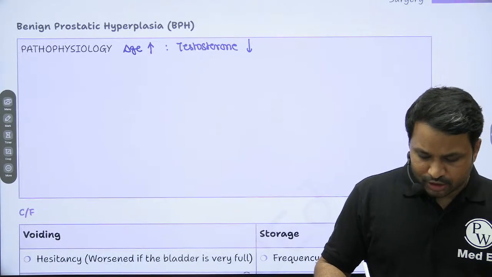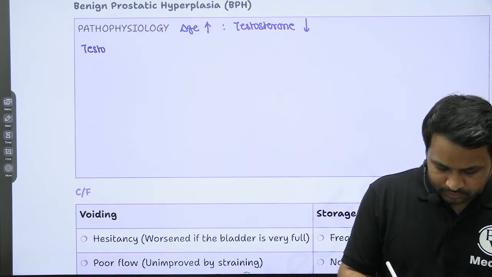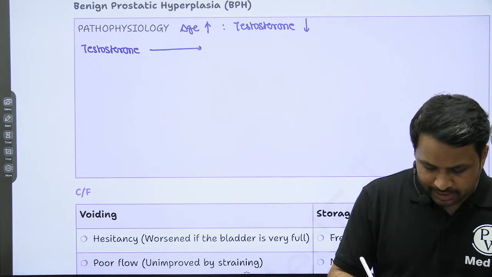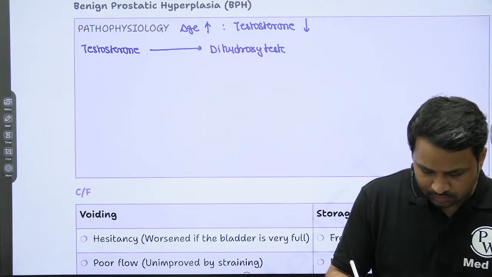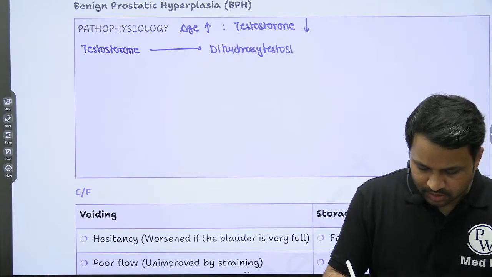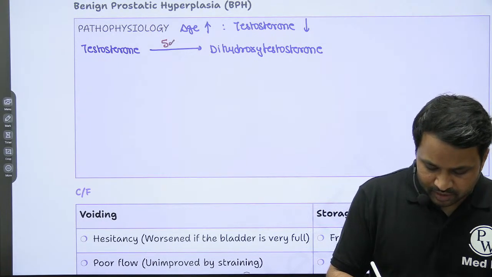Now, the testosterone reduces because testosterone gets converted into dihydrotestosterone with the help of an enzyme, the 5-alpha reductase enzyme.